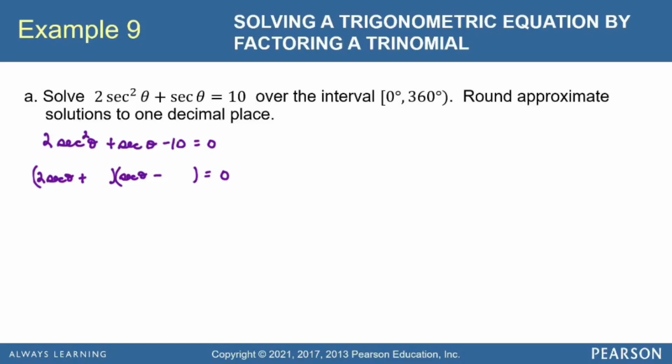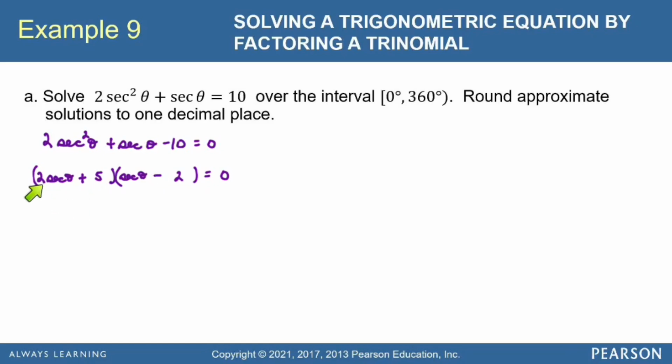In case you don't know, what you should do is pick one pair of numbers, put those two numbers in the empty slots that you have, and check your outer plus inner. If you don't get the middle term that you're looking for, then you can reverse the position of those two numbers, and if that doesn't work, then you try the next pair of numbers. So for us, we're going to start with 2 times 5, and I'm just going to put them down like this and see what happens.